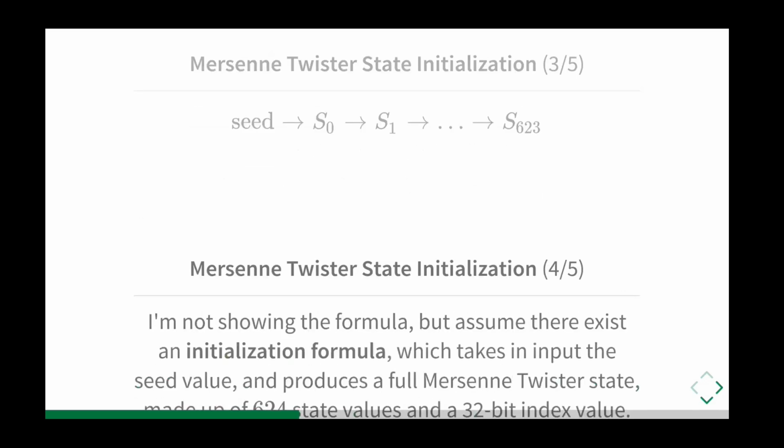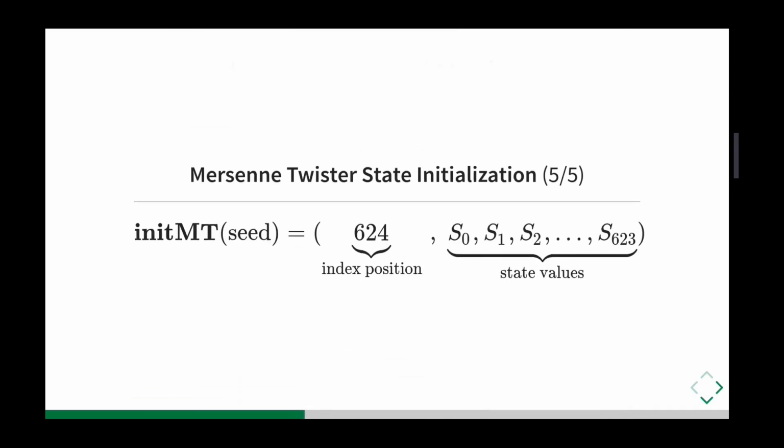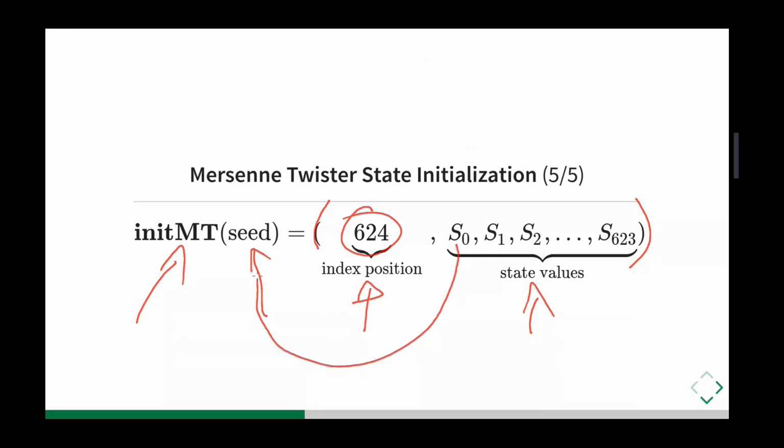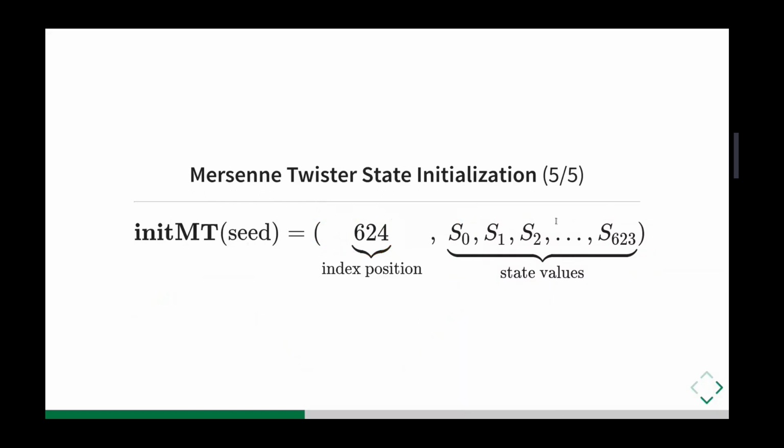The total state is this: the initialization function, initMt, takes in input a seed and produces this state, a tuple made up of two things, the index position, which is set to this particular value, 624, at the start, and then each single state value. And as we said, S0 is equal to the seed. S1 is computed starting from S0, S2 starting from S1, and so on. So we have this first building block, the initialization. It takes an input, a seed, and produces a full state, ready to be used.